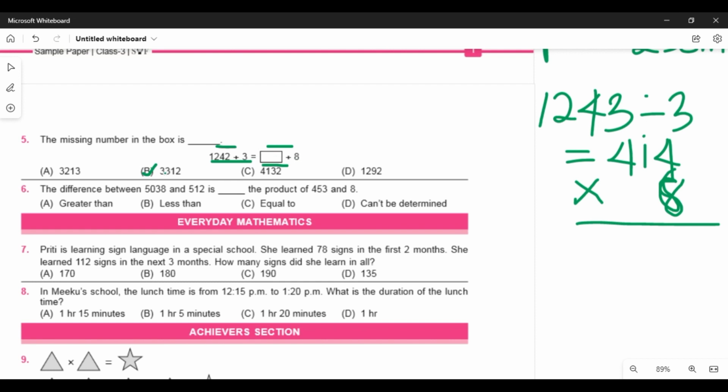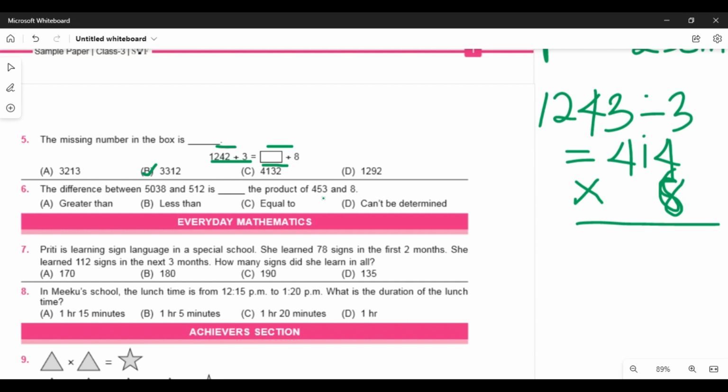And if we do that, we are going to have 3312. Straightforward.